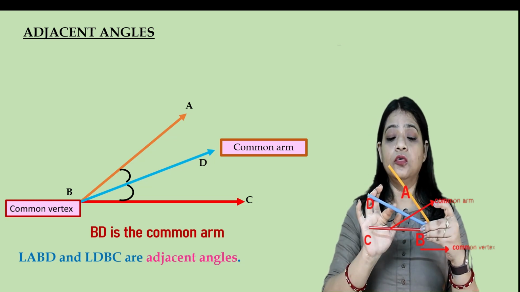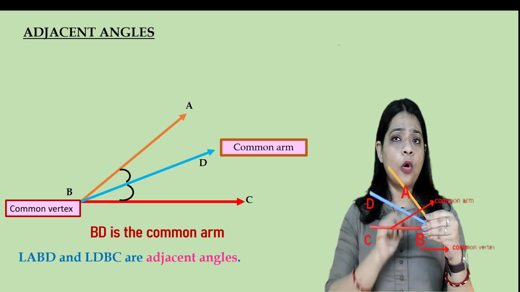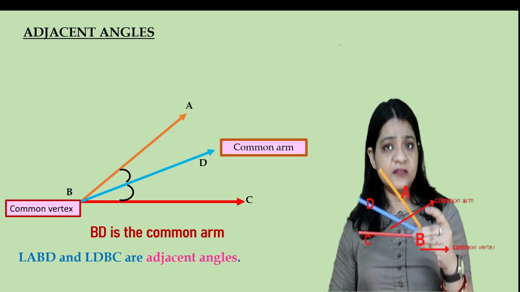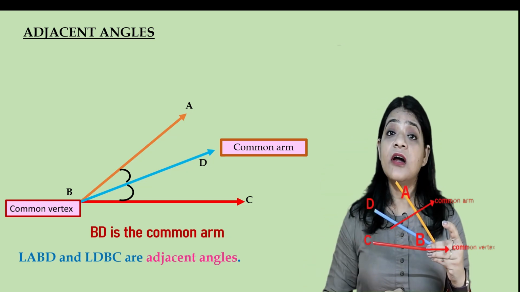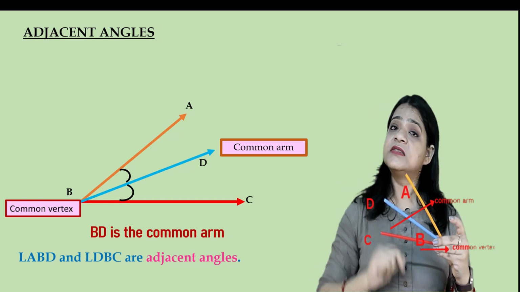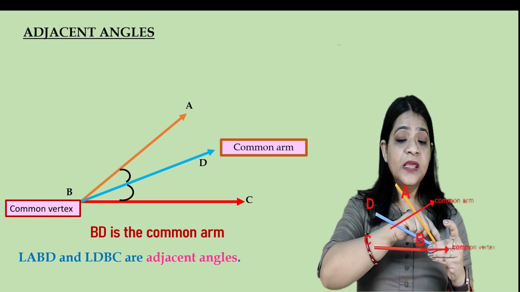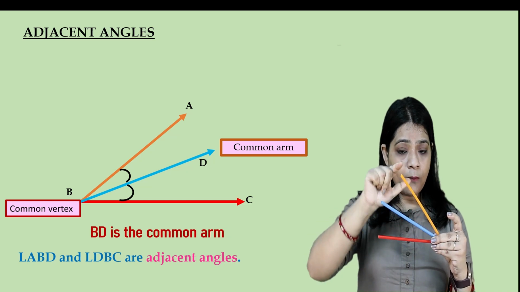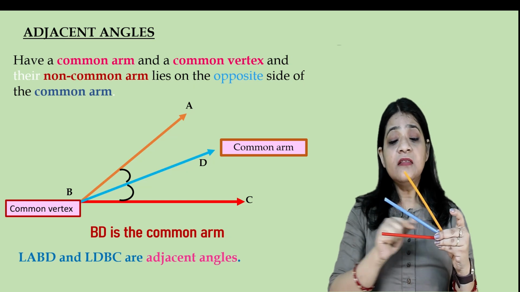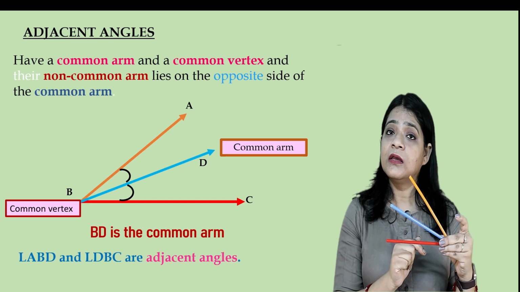Now let us analyze these two angles. Both these two angles have the common vertex. Yes, this is the common vertex. Do they have a common arm? Yes, BD is the common arm. What are the non-common arms? BA is the non-common arm for angle ABD, and BC is the non-common arm for angle BDC, right?